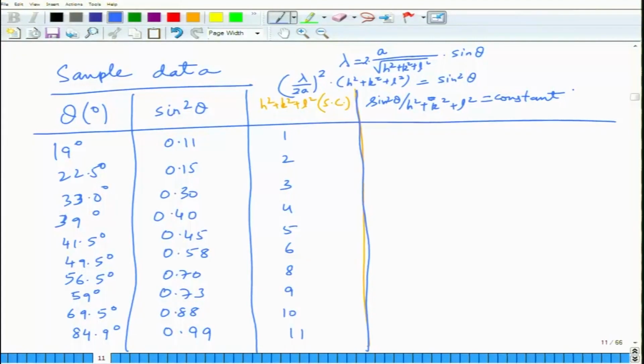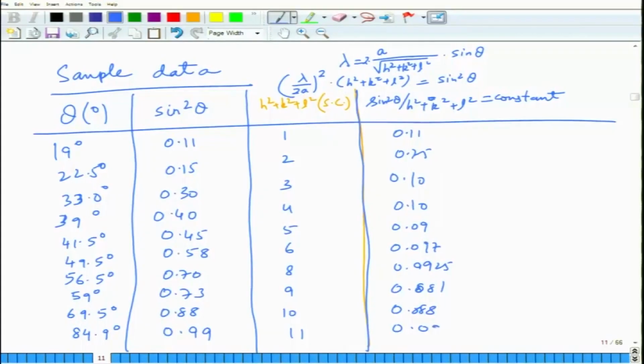Let me work it out: 0.11, 0.075, 0.10, 0.10, 0.09, 0.097, 0.0925, 0.081, 0.088 and 0.09. Okay. They are not equal, they are all different from each other. As a result, it is not simple cubic.